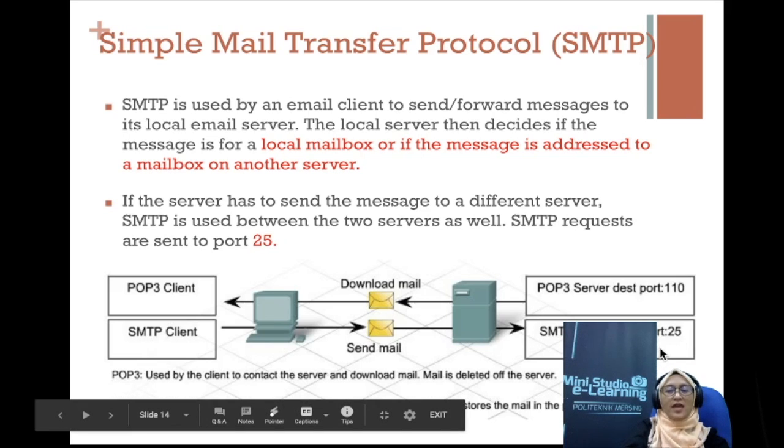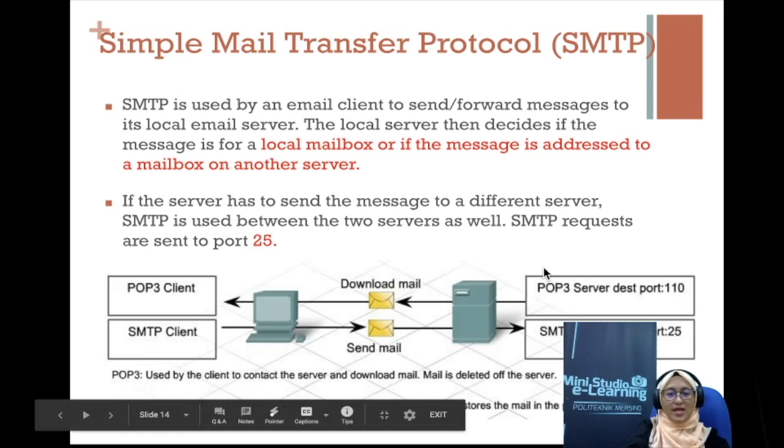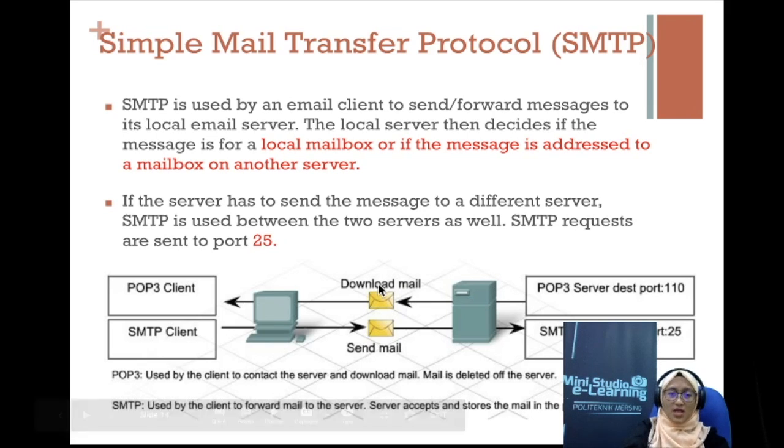And to make sure our server functions, we also need to set up our retrieval protocol, either POP3 or IMAP. The POP3 default port is 110. POP3 is used by the client to contact the server and download the mails. If the mail is delayed at the server, it may be delayed.